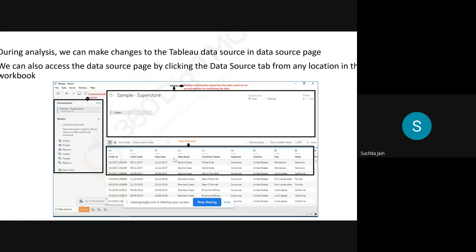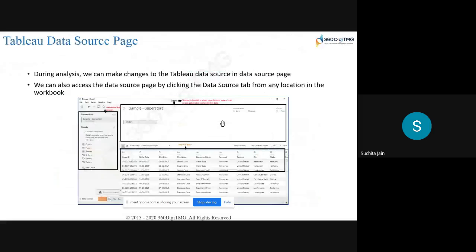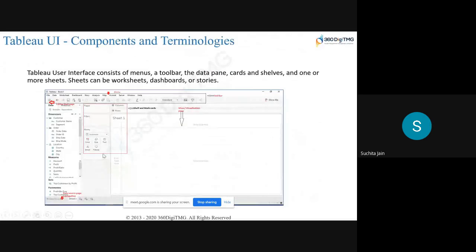Third, fetch the data from the connection source to your workbook. Once you fetch it in the workbook, next you start working with the data. Once you start working with the data, Tableau divides your data into two parts, dimensions and measures.